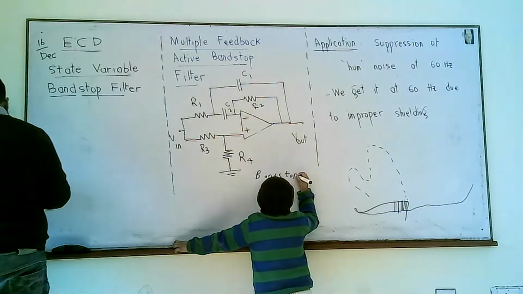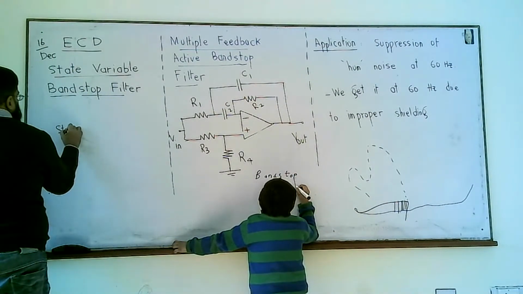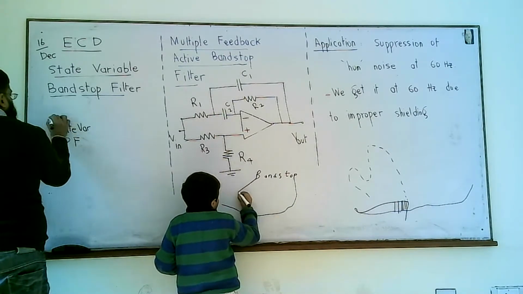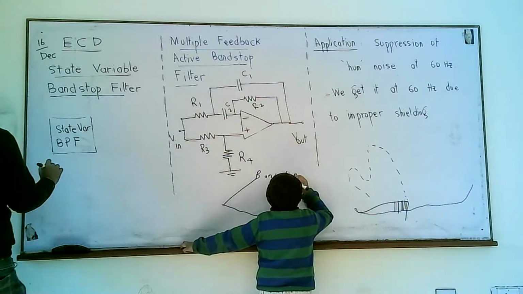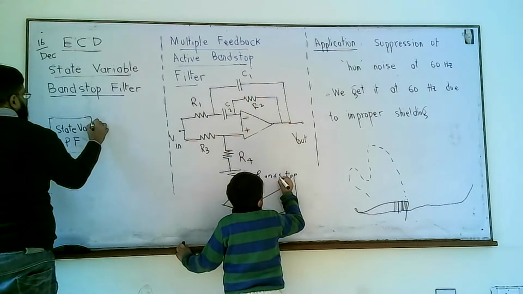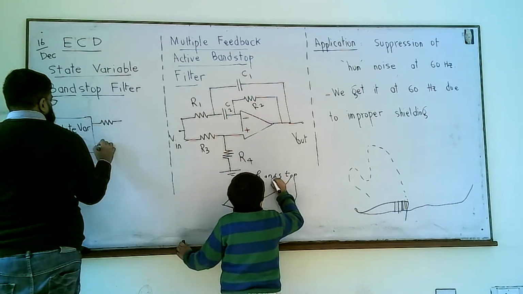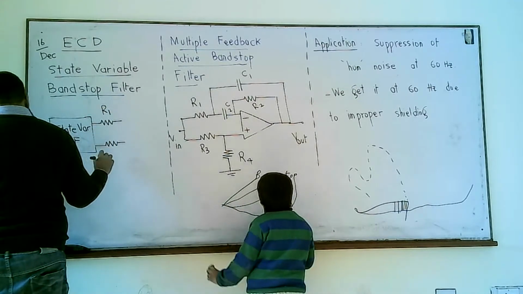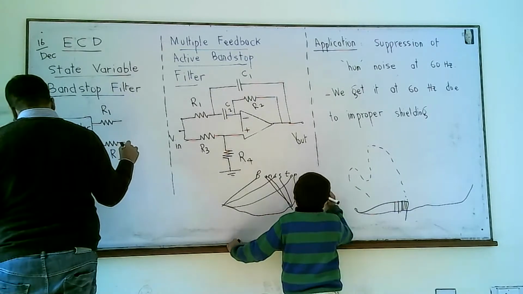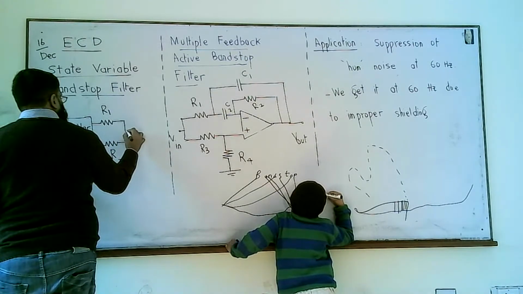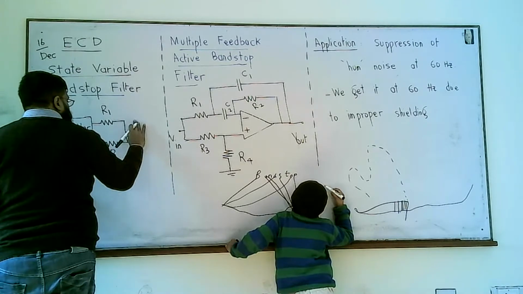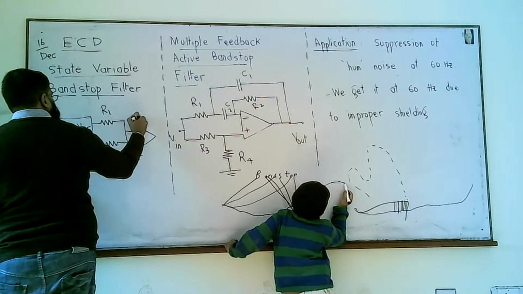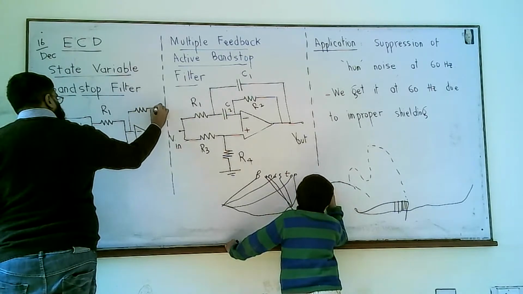The state variable band stop filter is like this. We have the state variable band pass filter, BPF, fed into an op amp on its inverting input, and the non-inverting input is grounded, and of course we have a feedback resistor.